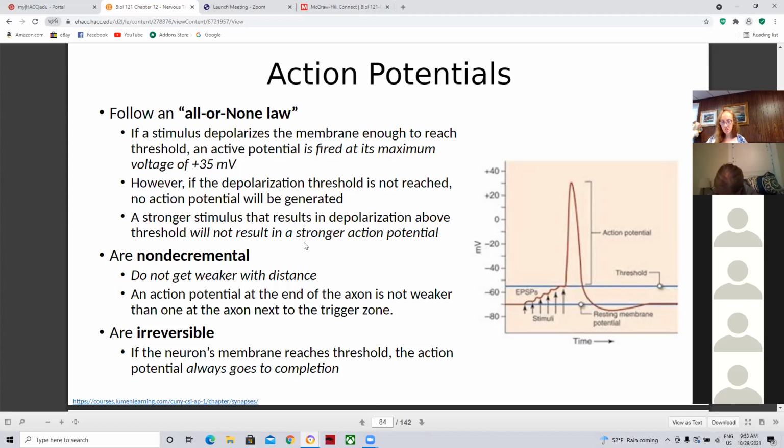If a stronger stimulus occurs that results in a depolarization above threshold, it doesn't matter because all action potentials are the same strength. So it's an all or nothing. Either it happens completely or it doesn't happen at all. And all action potentials are going to have the same amplitude every time, regardless of the strength of the original potential that results in reaching threshold.